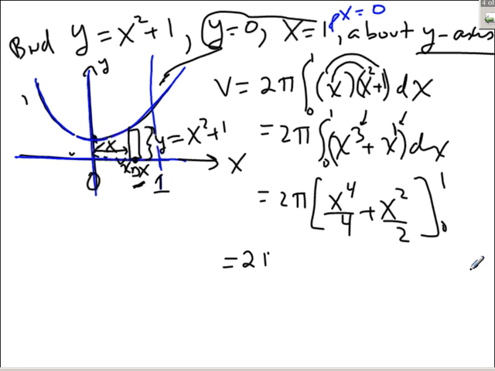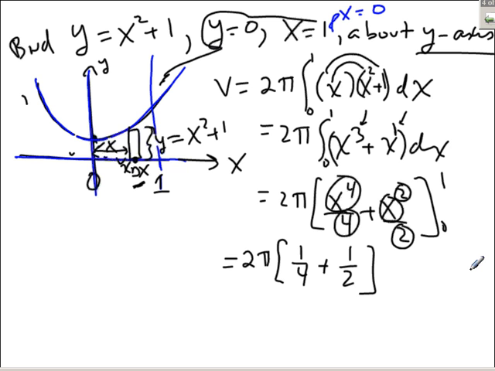2 pi. You plug in 1, you get 1 to the 4th, which is 1 over 4, plus 1 squared is 1 over 2. When you plug in 0, you get 0. When you add those two fractions, this is 2 over 4. 1 over 4 plus 2 over 4 is 3 over 4.